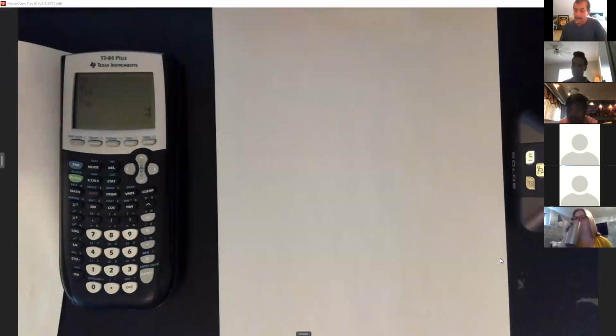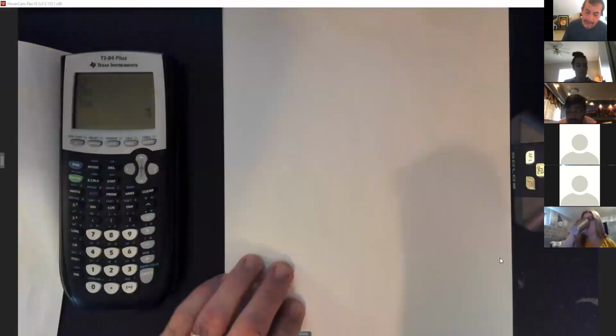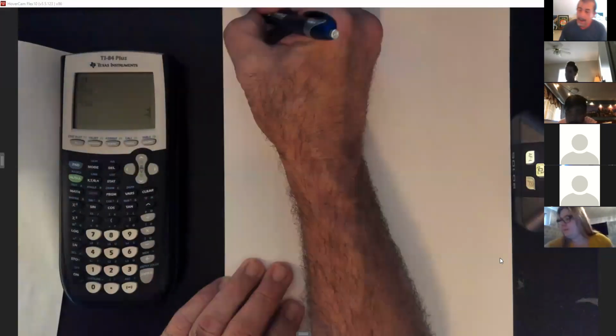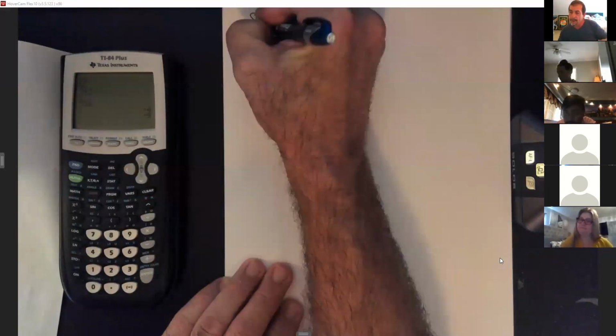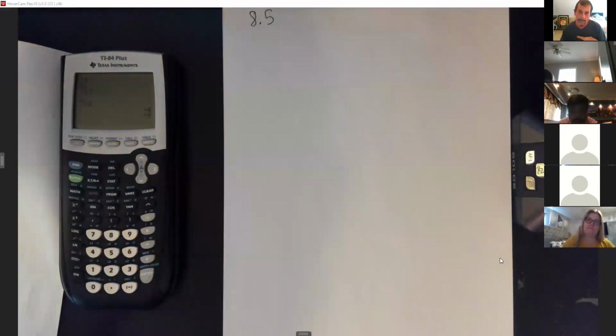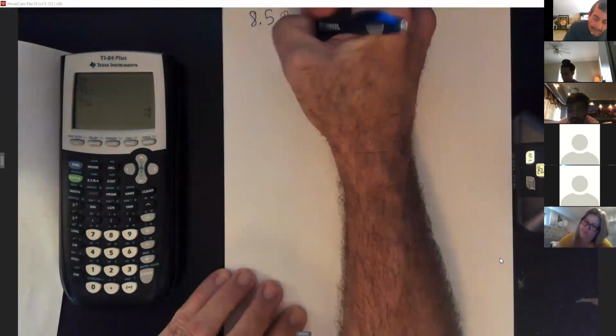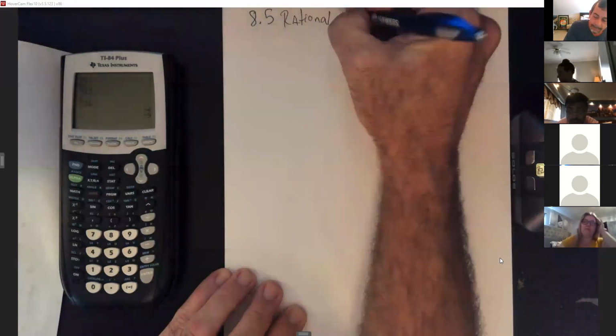All right, that was all of 5.1. So now 8.5, I'm basically just going to give y'all definitions so that when we come back Wednesday, we can get into actually finding these asymptotes. This deals with rational functions.